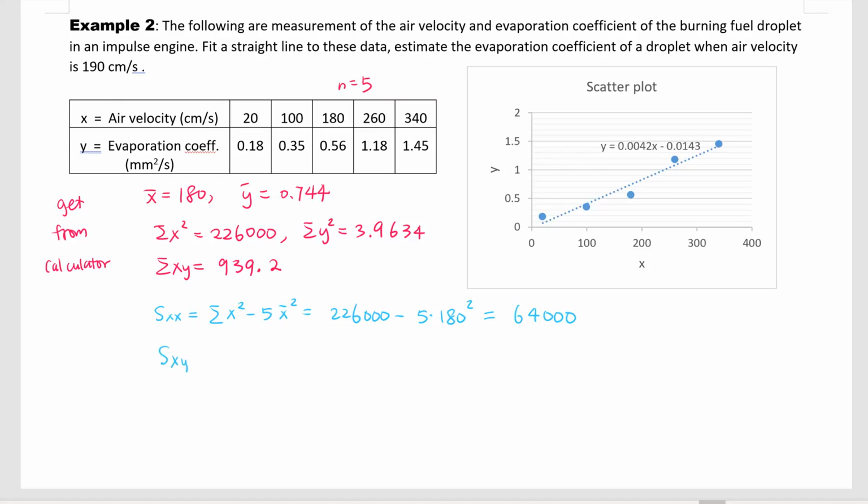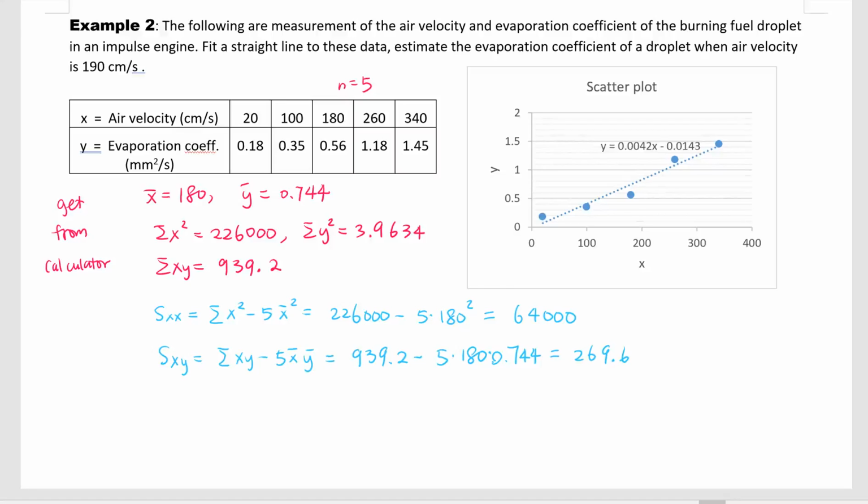And SXY is sum of XY minus 5, X bar, Y bar, and sum of XY is 939.2, X bar 180, Y bar is 0.744.